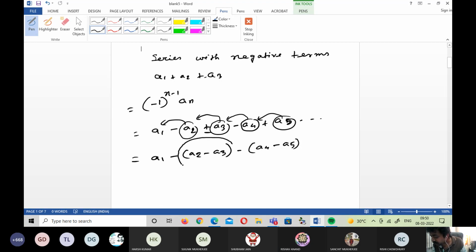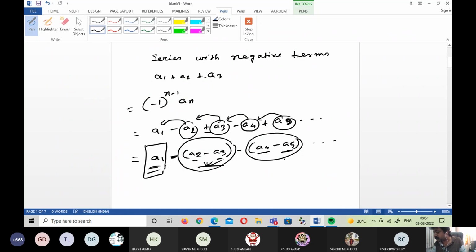Now this particular term as a whole, forgetting about the sign, is a positive quantity because a2 is larger than a3. Similarly, this particular term a4 minus a5 is also a positive term because a4 is larger than a5. If this goes on, with an greater than an plus 1, you are subtracting some positive numbers from a1 each and every time.